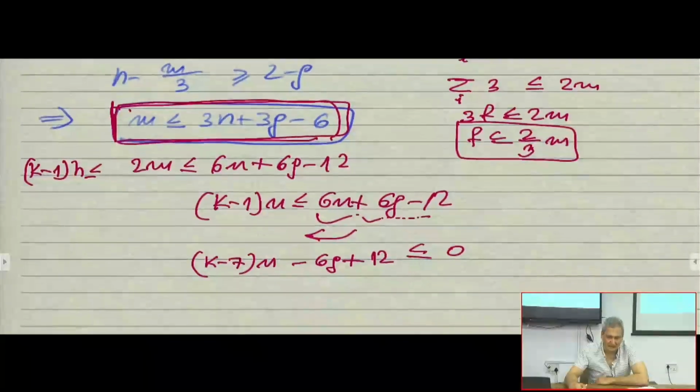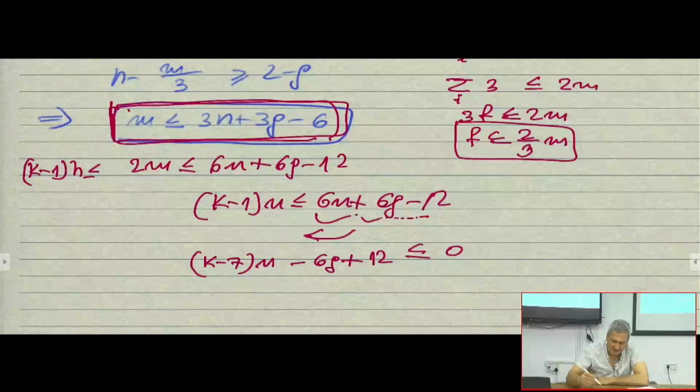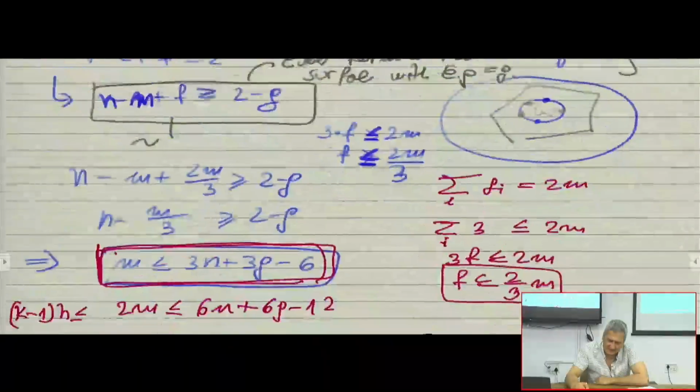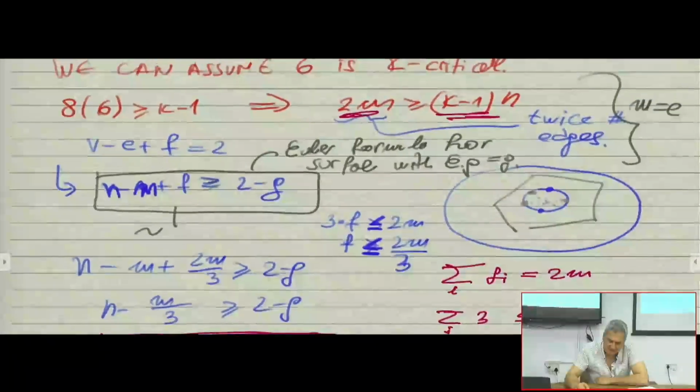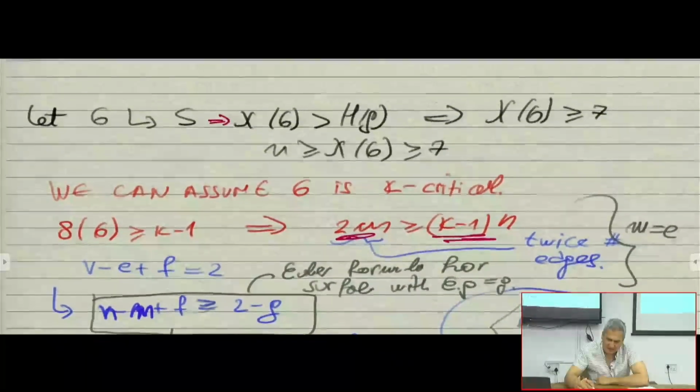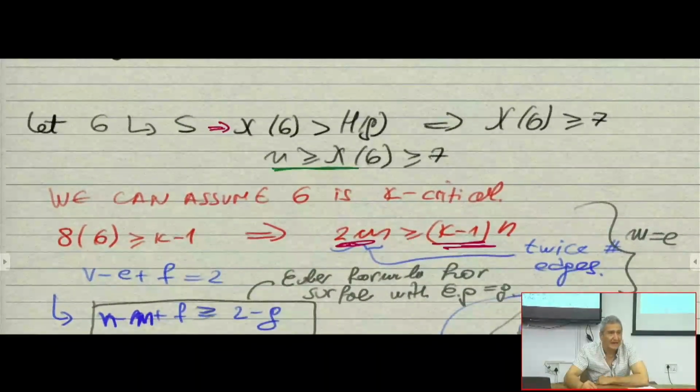Now, what we know is that N is at least k, do we agree? Yes, N is at least k.